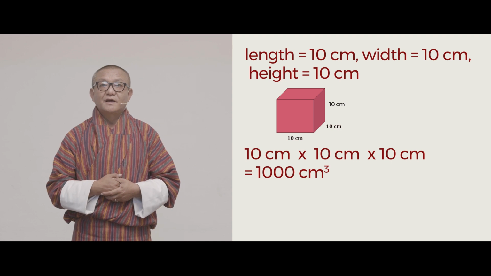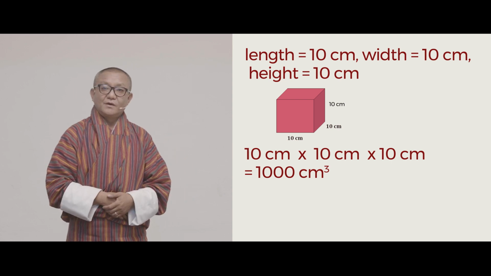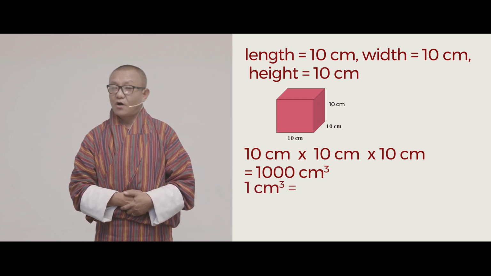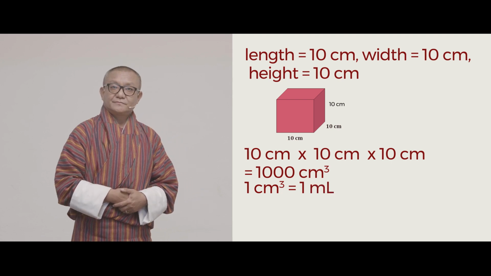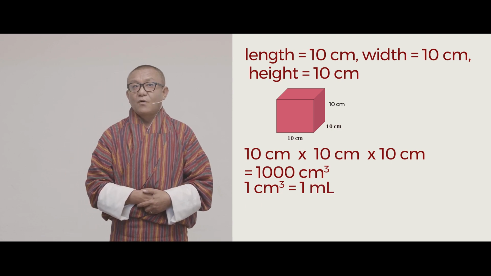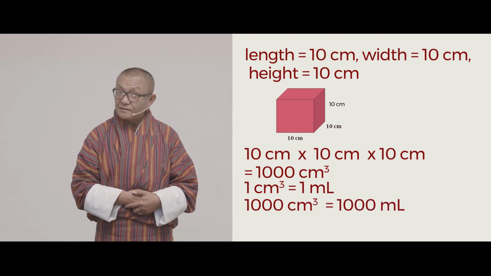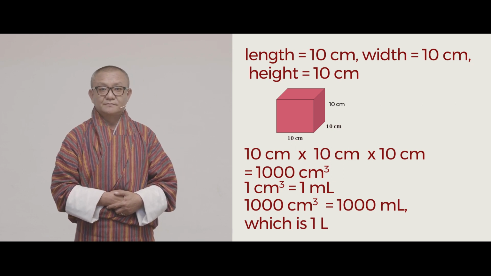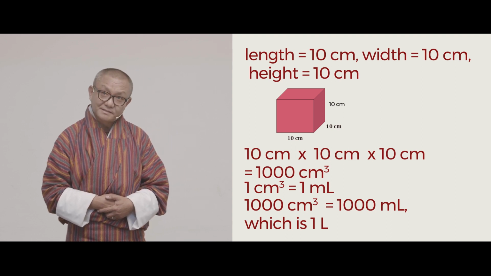You'll get 1000 centimeter cube. We have seen that 1 centimeter cube is equal to 1 milliliter. So, here 1000 centimeter cube will also be equal to 1000 milliliter. And 1000 milliliter is equal to 1 liter.